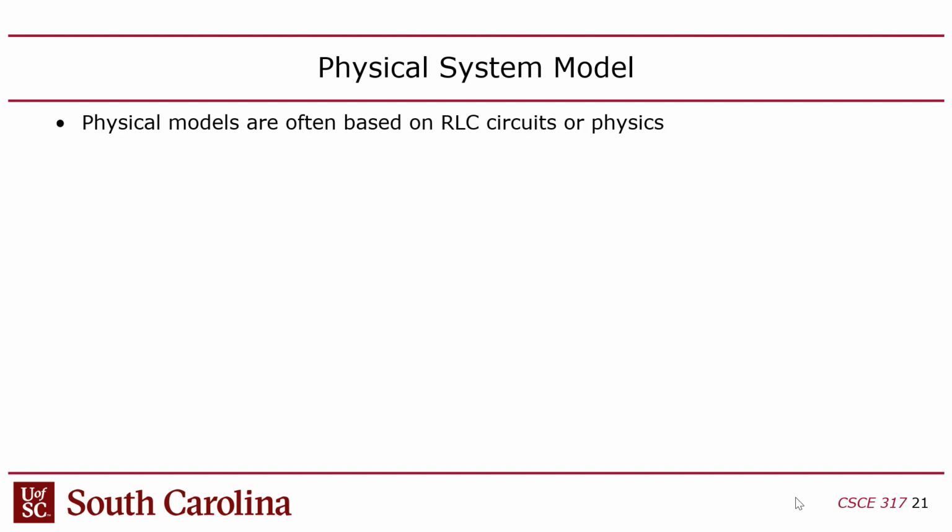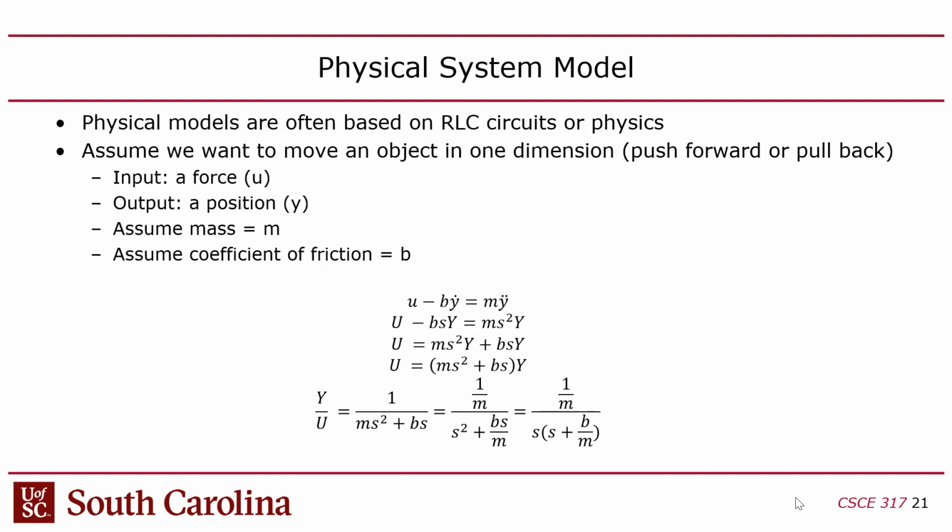But how about just a simple physical system where, let's say you have a coin and you just want to push the coin to a specific location with your finger, right? Now that might seem overly trivial, but you can model this.